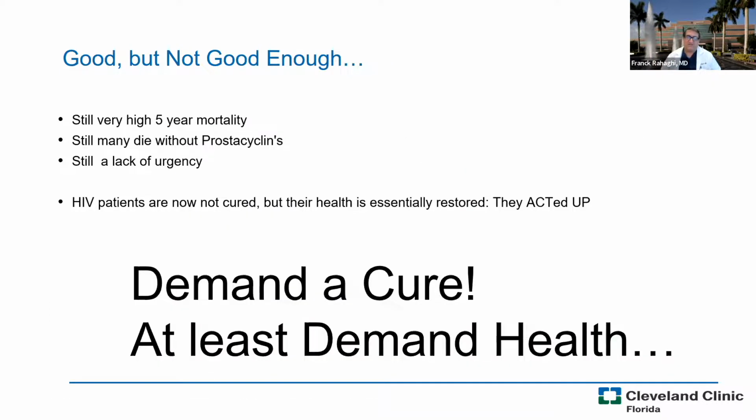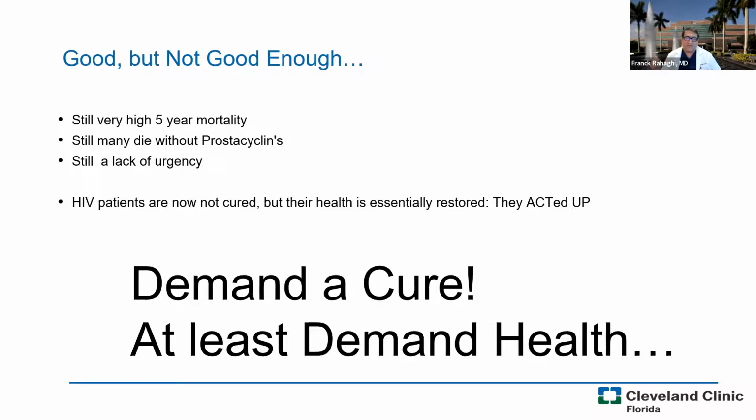So things are good, but really between you and me, they're not good enough. We still have very high 5-year mortality. Sadly, many die without getting all the drugs, especially prostacyclin. Still a lack of urgency, at least in the United States, by physicians and maybe by patients who are taking it kindly, maybe. I'm just saying HIV patients are now not cured, but their health is restored.